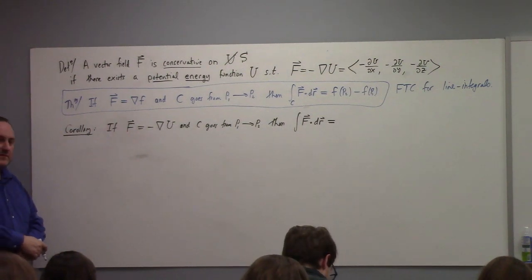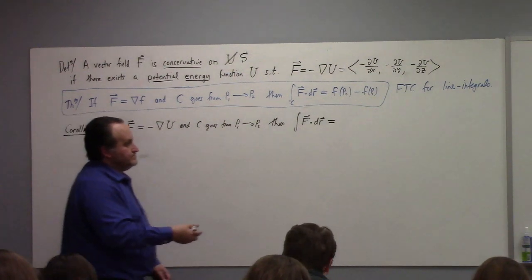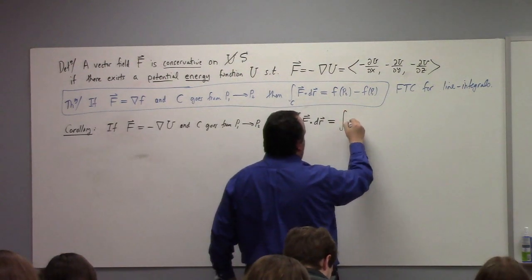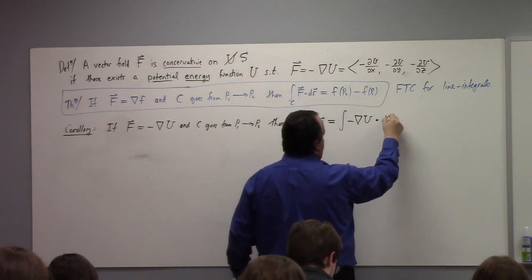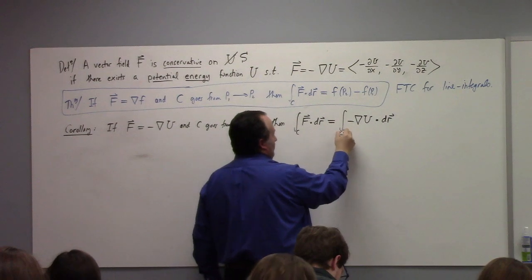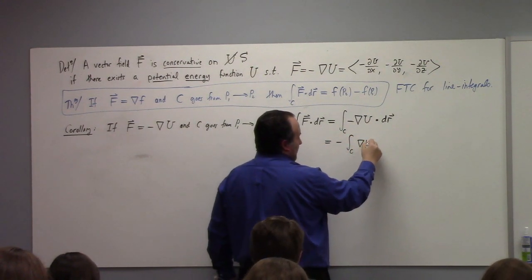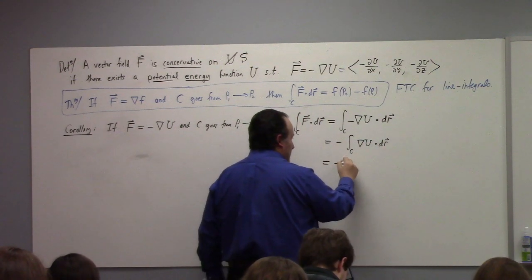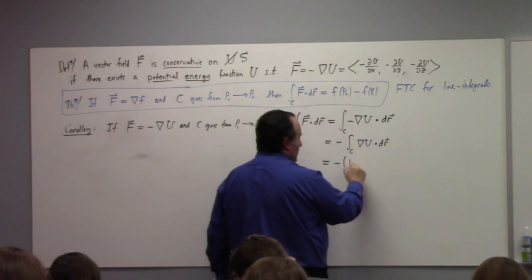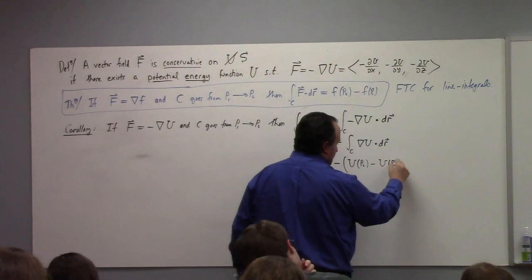Well, if it's conservative, that means the force is minus the gradient of the potential energy function. So this is the integral of minus the gradient of U dot dr over the curve. But I can pull the minus out, and I can use the theorem. So that's minus U of P2 minus U of P1.